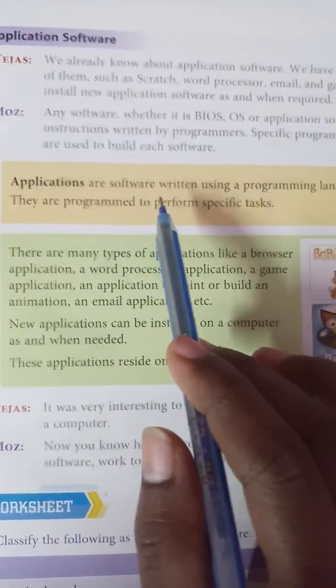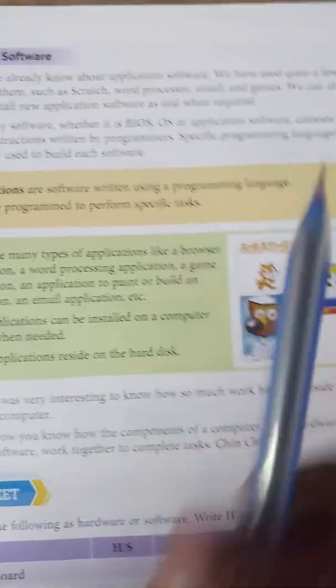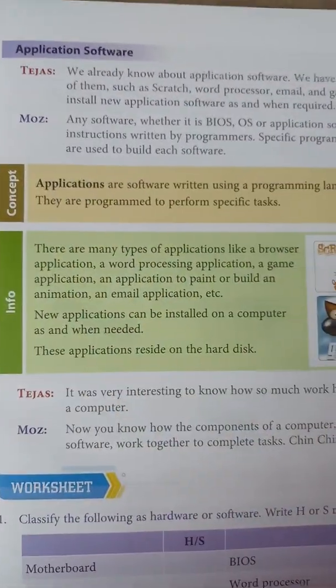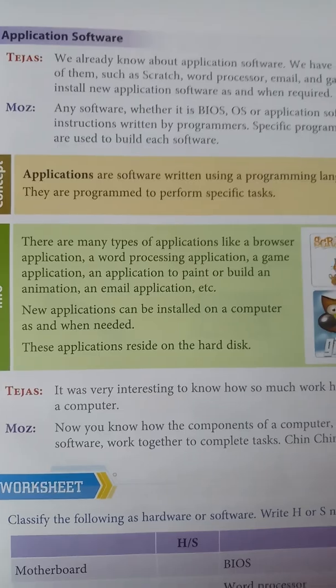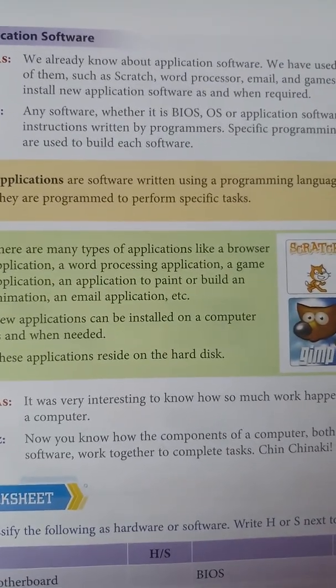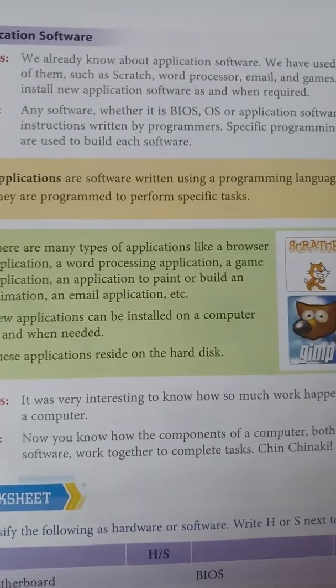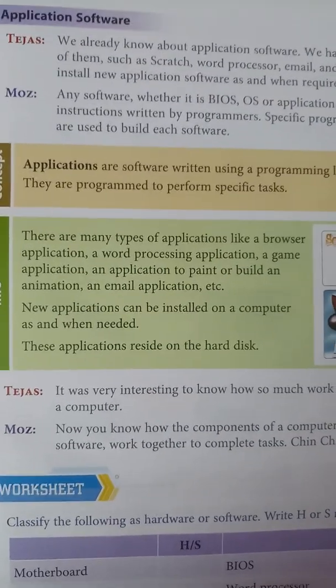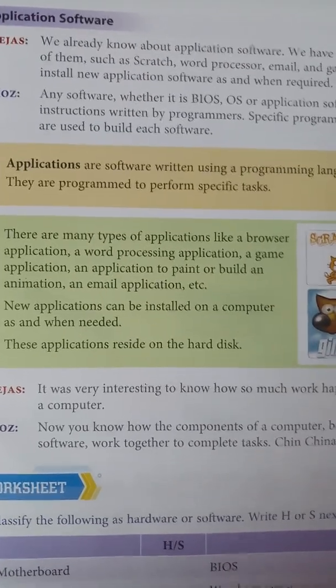Applications are software written using a programming language. For software applications, we are using Java coding. They are programmed to perform specific tasks.